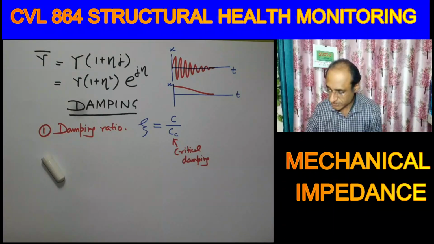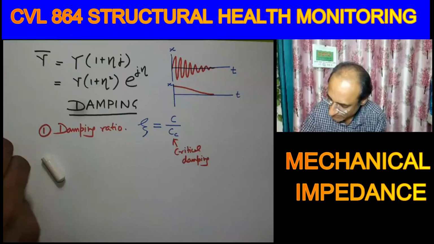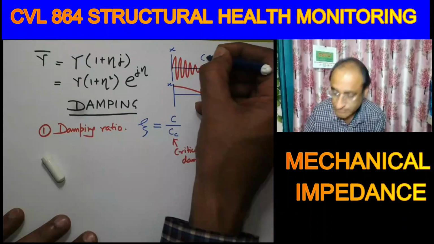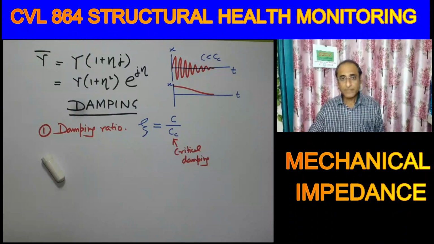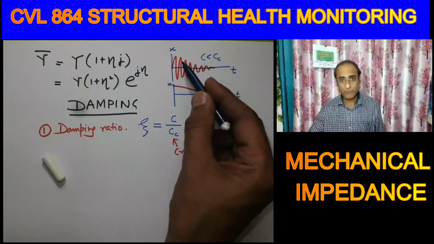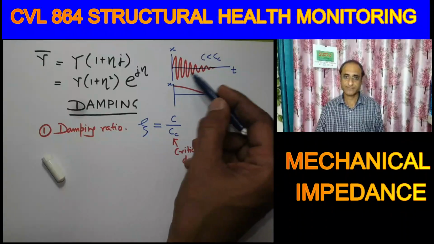See, in the first system, the damping is less than the critical damping. When the damping is less than critical damping, the structure will undergo vibrations like this.